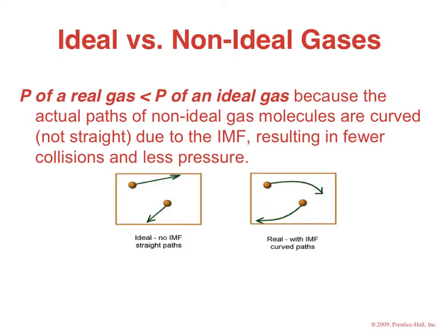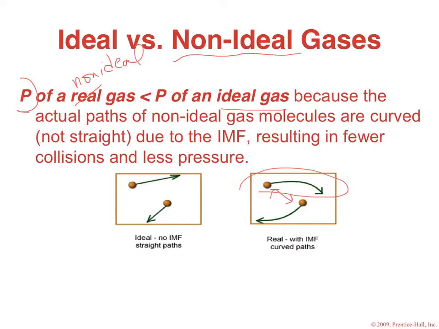But the bottom line, if you use the non-ideal gas formula, you should end up calculating the pressure of the non-ideal gas as less than the pressure you would calculate using the ideal gas formula. Because in actuality, this is weird, but the paths of a non-ideal gas are a little bit curved, and that's because they're feeling attractions to each other.